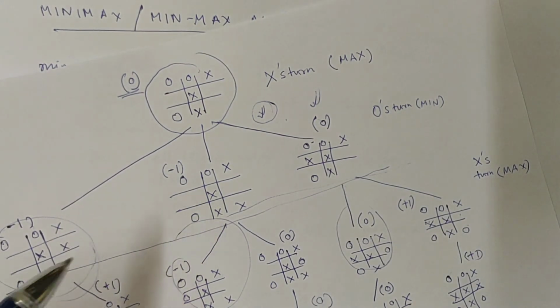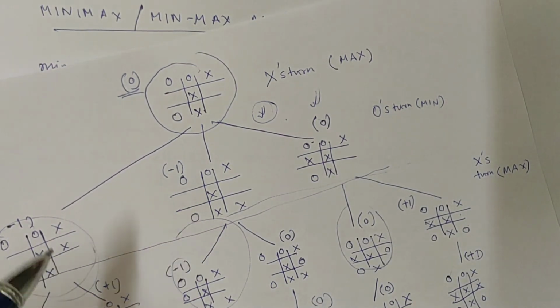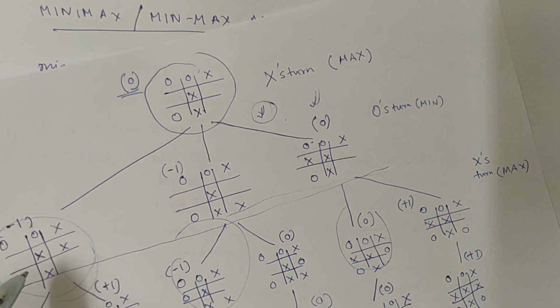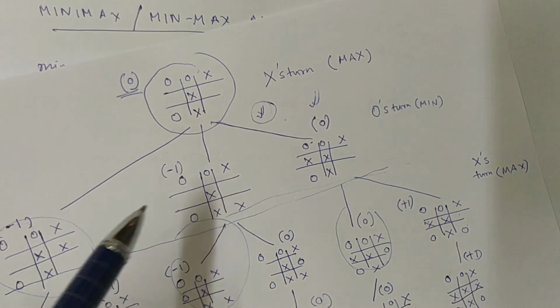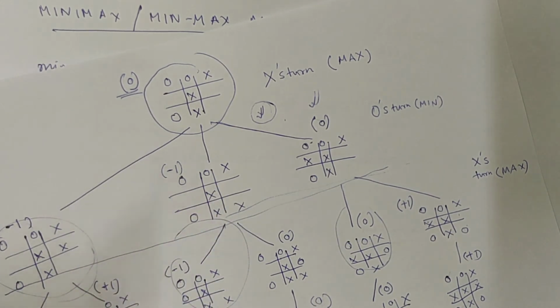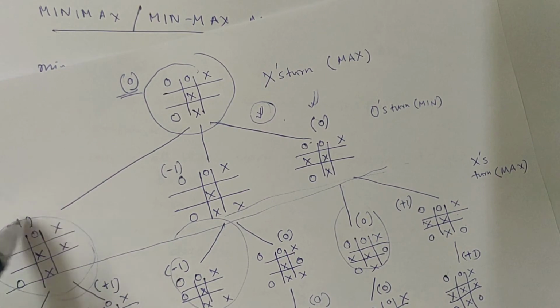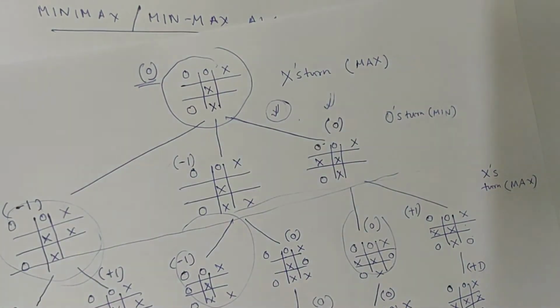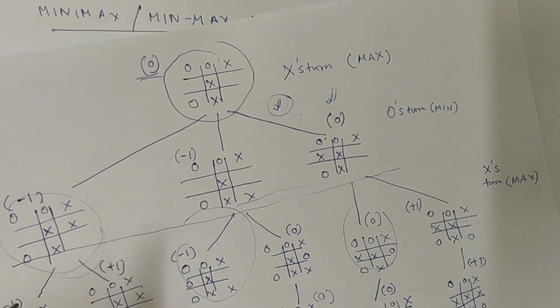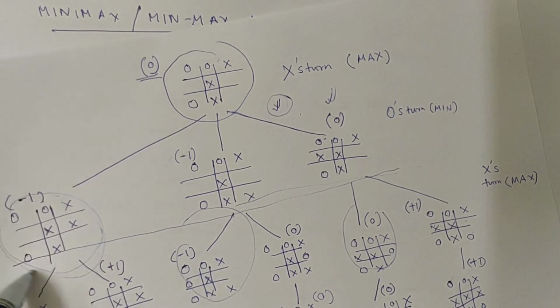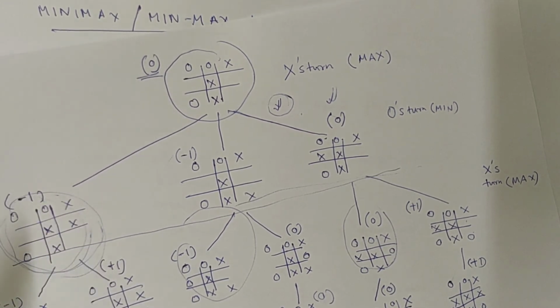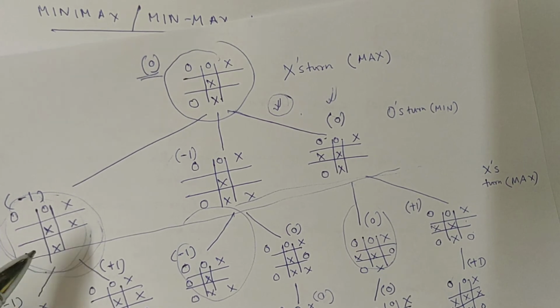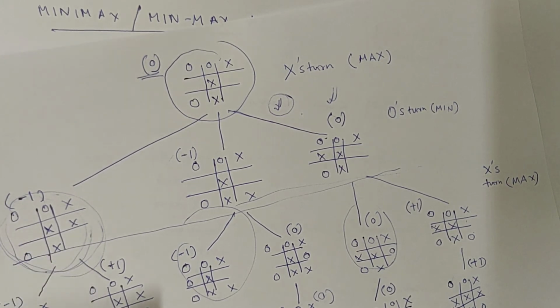We take all the children board states and we call minimax on all of them. We do a min-max on this, and on this. Now in the next stage, this is passed as the board position. Is this a terminal state? No. The children are generated.